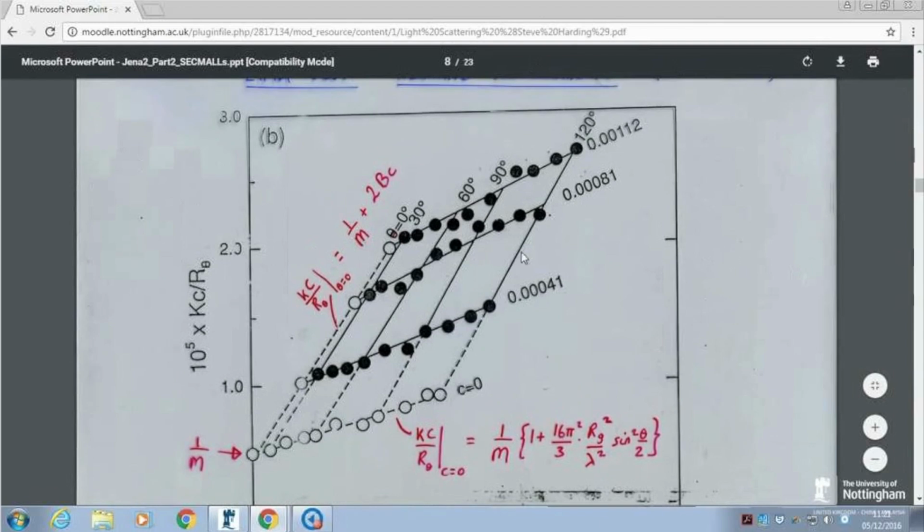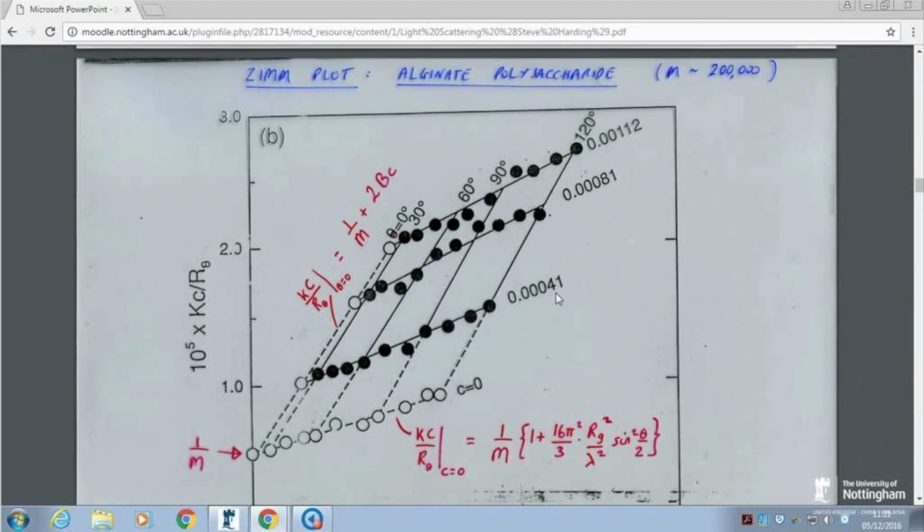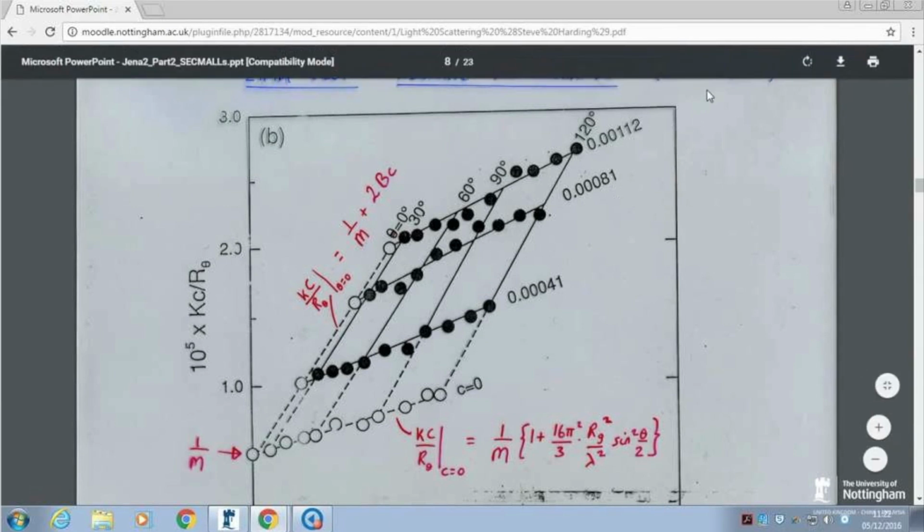And the idea is that you take 3 or more concentrations. This is 0.00041 gram per mil, which in mg per mil is 0.41. 0.00081 gram per mil, which in mg per mil is 0.81, and 0.0112 gram per mil, which is 1.12 mg per mil.